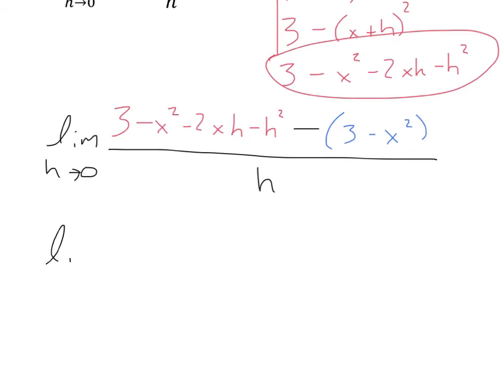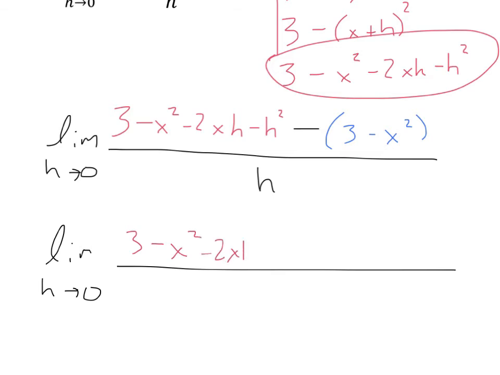So this will now be the limit as h approaches 0. So what should we do to simplify this? In the numerator we've got our 3 minus x squared minus 2xh minus h squared. And then if we were to distribute this negative through, we'd end up with minus 3 plus x squared, and it would all be over h.